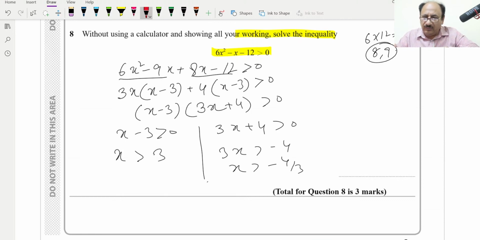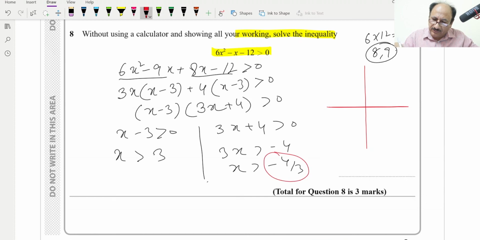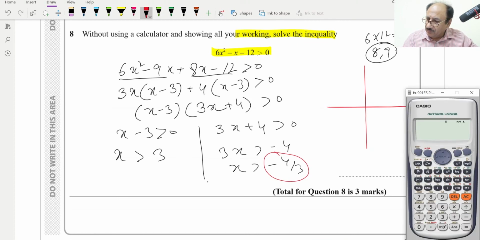For that one we will be drawing a rough sketch. For your explanation, I'm drawing a small coordinate axis over here, the x and y axis, and minus 4 by 3, meaning 1 point something.